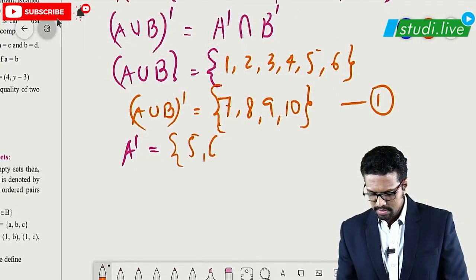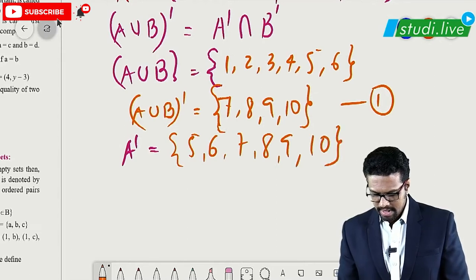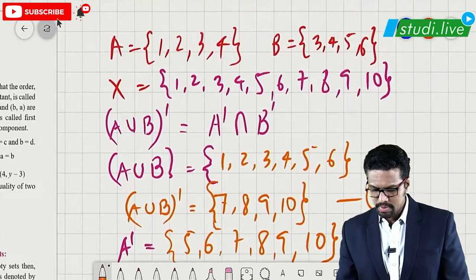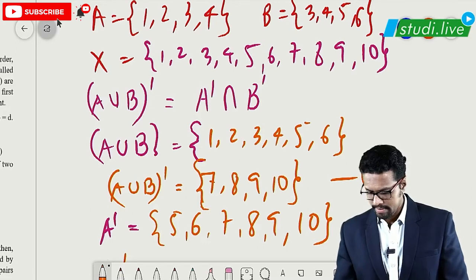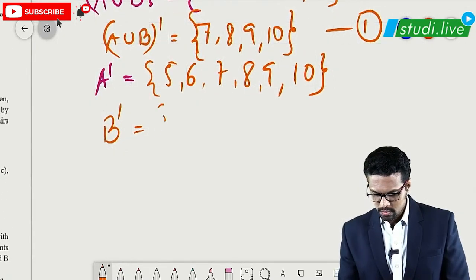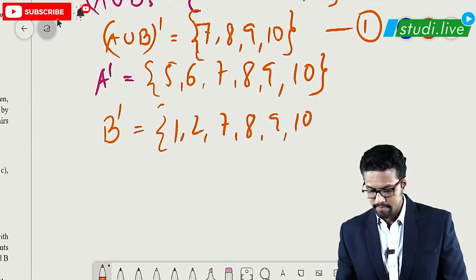And for B complement, we will be removing 3, 4, 5, 6 from the universal set, so we will be left with 1, 2, 7, 8, 9 and 10.